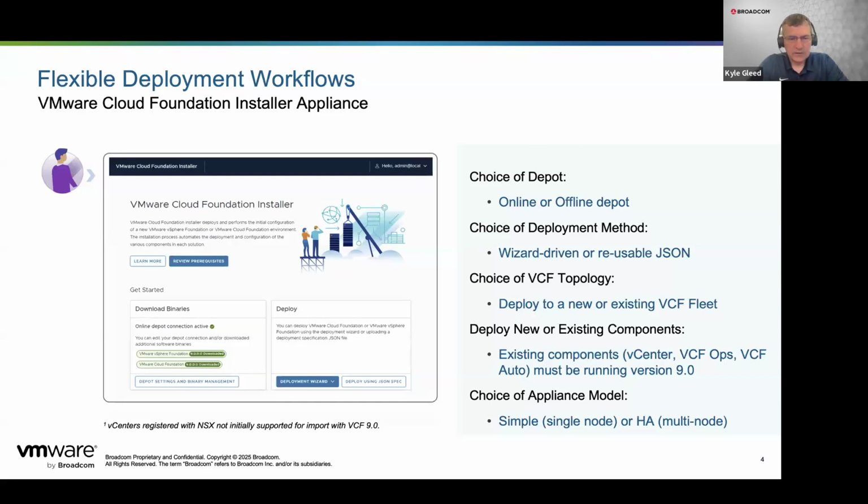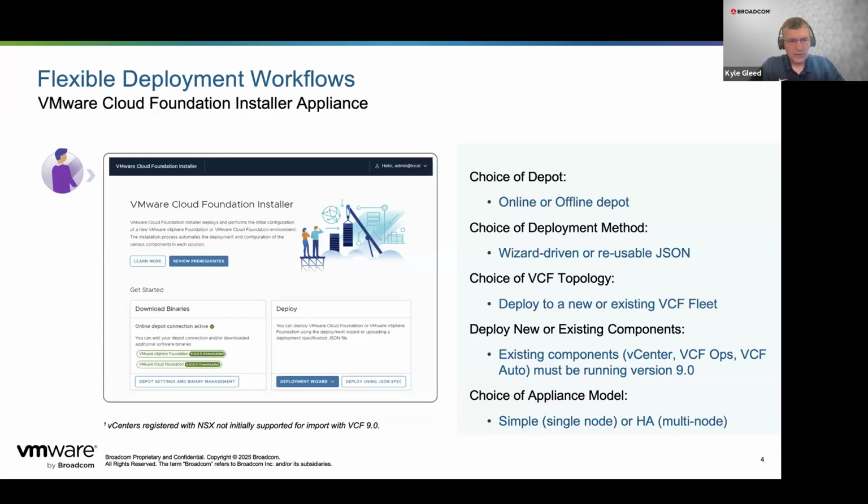If you are using operations and automation, you can continue to use those, and you can just bring those existing appliances in. If you're not using them, you will need to deploy them as part of your VCF deployment. And in addition, the operations and automation components are components that you can have multiple VCF environments registered with. So if you have an existing VCF instance with an existing operations and an existing automation, and you're deploying another VCF environment, you can just register it with that existing operations and automation.